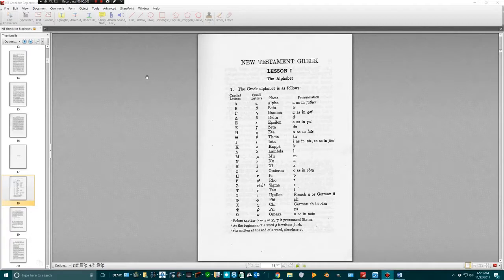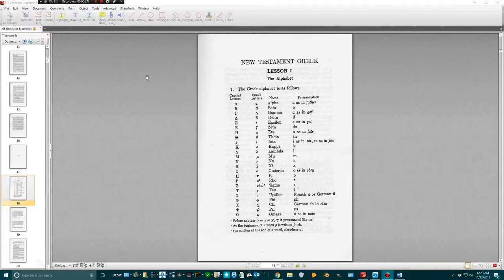The first letter in the alphabet is the letter alpha. Alpha. This is A as in father. The second letter is beta. Beta as a B. Notice the foot at the bottom of the B. You begin at the base and you slide up as you draw the B and you complete it.